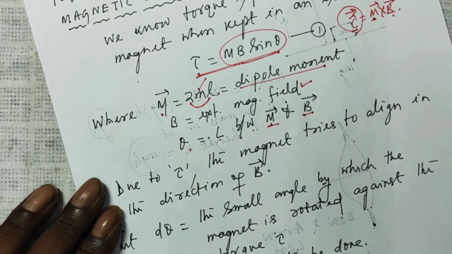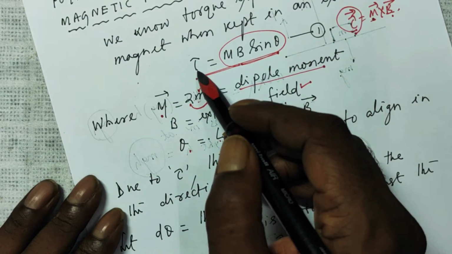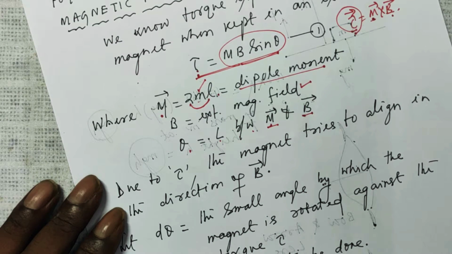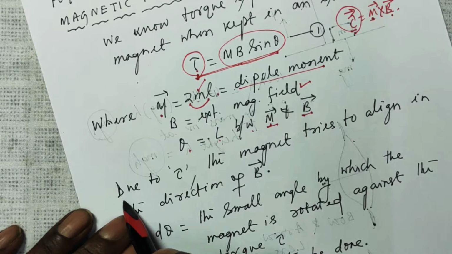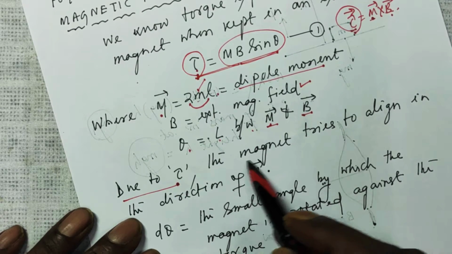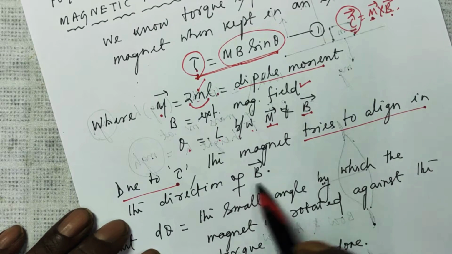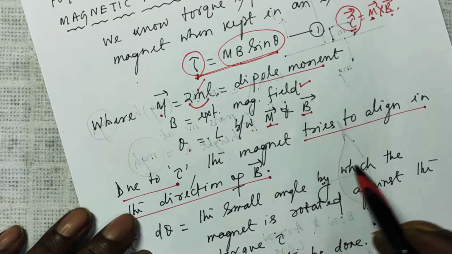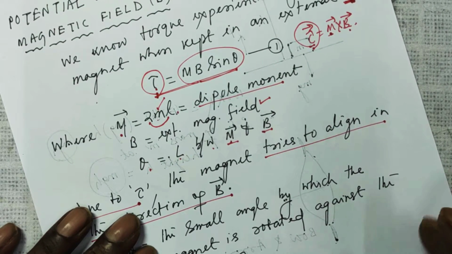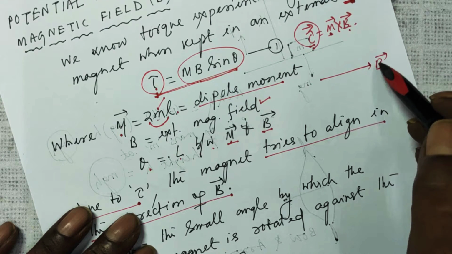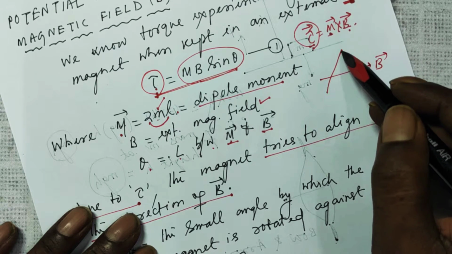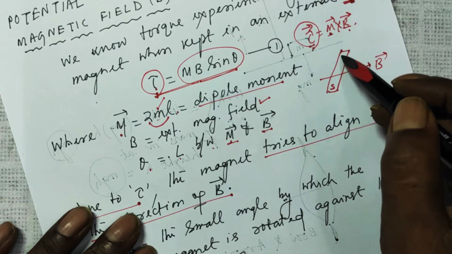Now, since torque is a rotating force, due to this something rotates. So, due to the torque tau, the magnet tries to align in the direction of B. What do you mean by this? Suppose the magnetic field is this way, and your magnet is like this, south north.